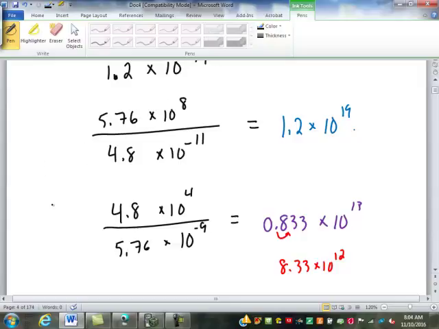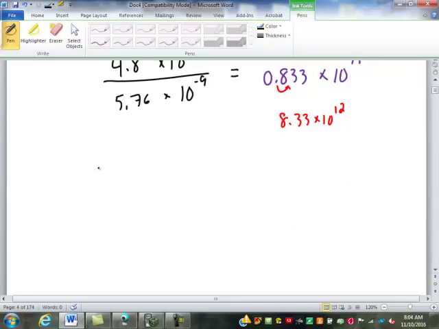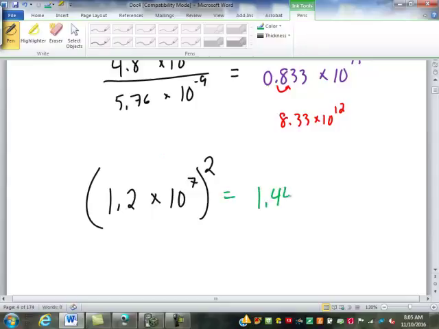Okay, so the last thing to do with scientific notation is to look at powers. So we have 1.2 times 10 to the 7th, squared. So we've got to do 1.2 squared. Just like we do anything else, we've got to square the count. So 1.2 squared is 1.44. Then we've got to square the names. 10 to the 7th squared. What do we do to the power when we take a power of a power?